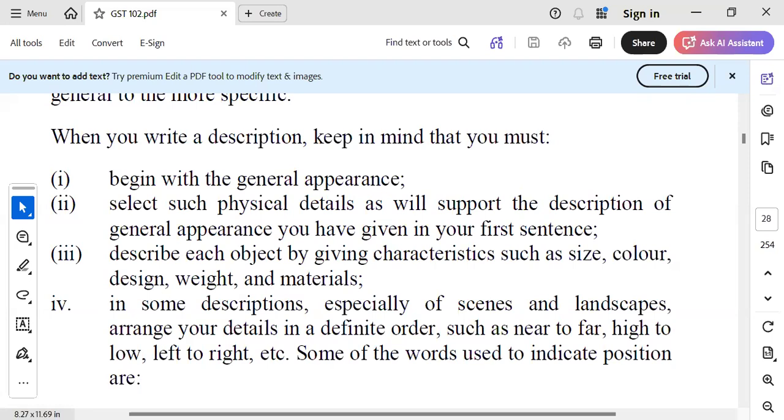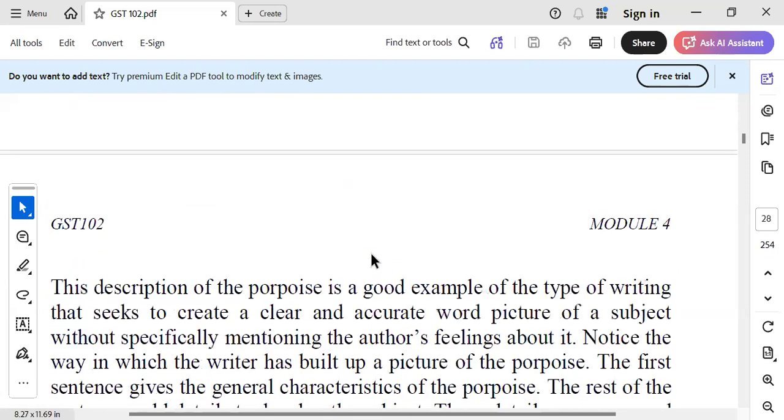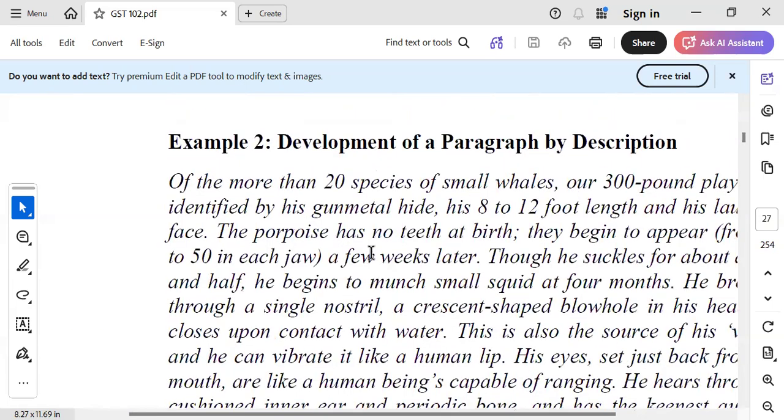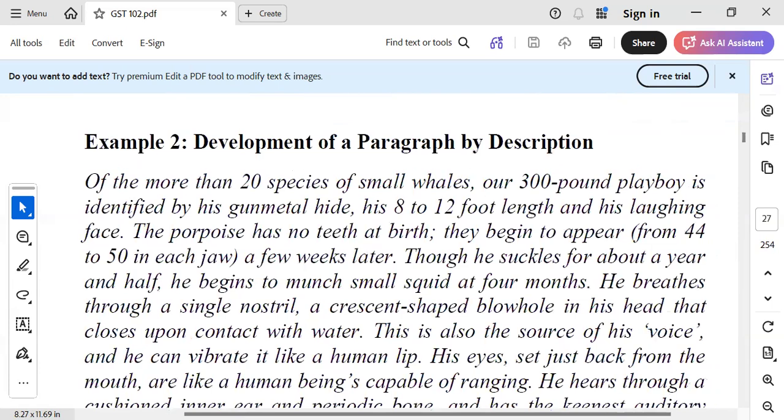Like in the case of this purpose, for example, when we want to bring out words that talk about generality, the ones that move from general to specific, let me go back there so we see. The ones that represent general there are things that talk about maybe it weighs about 300 pounds, is about 8 to 12 feet long, has a gunmetal colored body, it appears to have a laughing face.